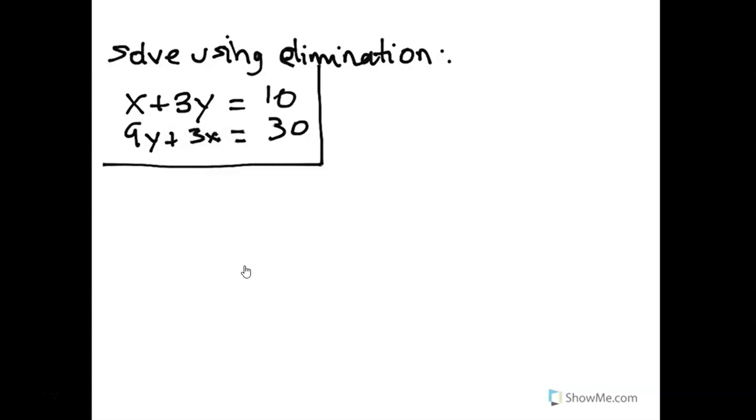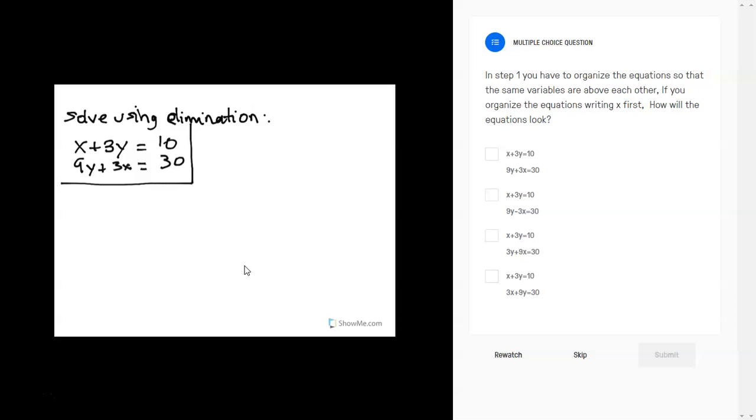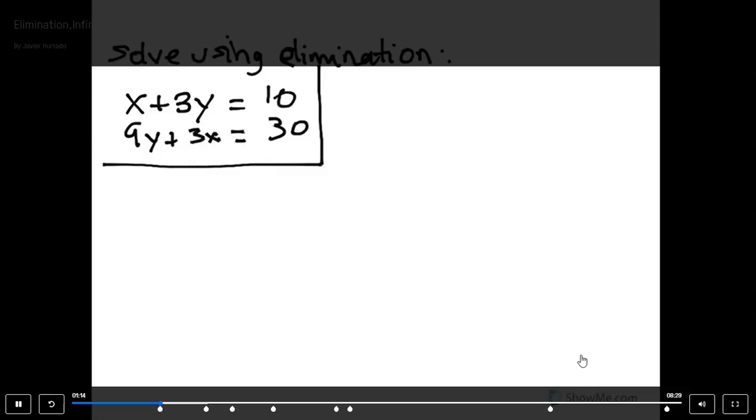So we are going to rewrite the equation, and I prefer to write the x first: x plus 3y equals 10. For the second equation, I'm going to put the x in the first place, so I'm going to write 3x plus 9y equals 30. Okay, so that was my first step.